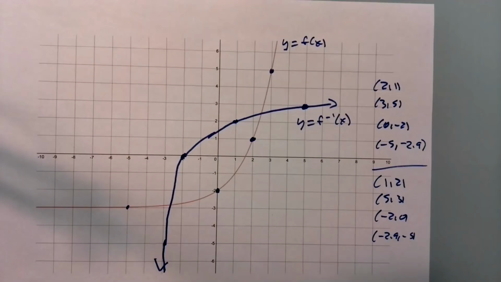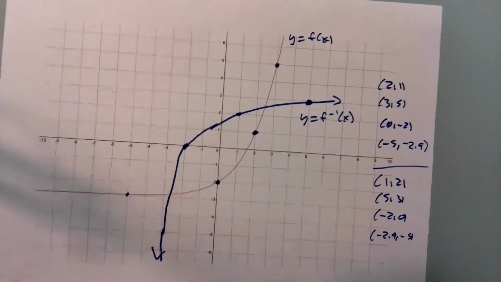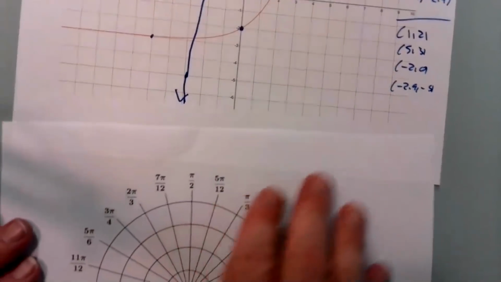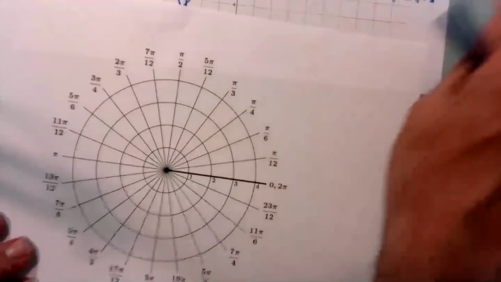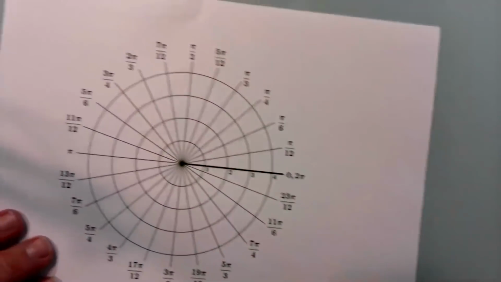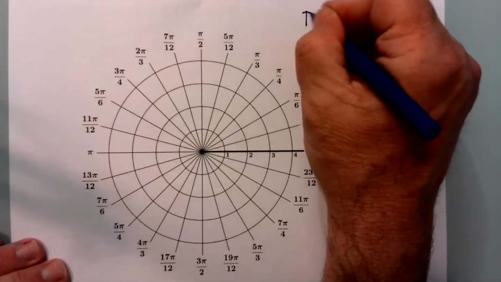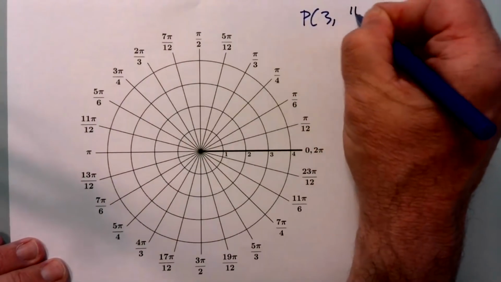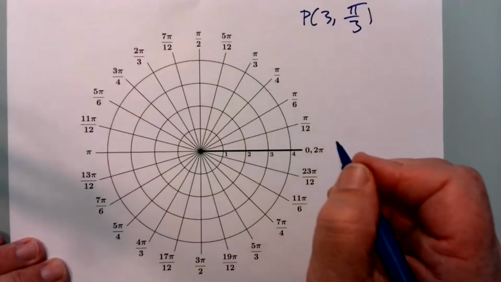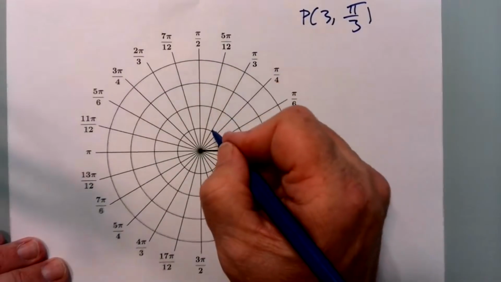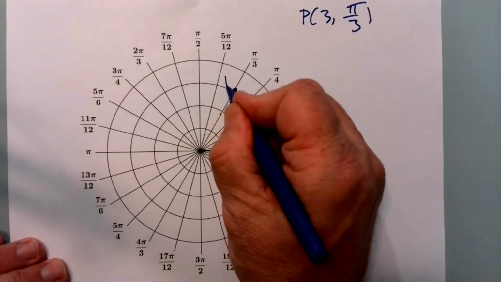All right, let's look at our most recent stuff. First off, let's take a look at how we plot points. I've got a polar graph here, and I want to plot some points for that polar graph. If I say the point P is (3, pi over 3), r is 3, theta is pi over 3. 1, 2, 3, boom.